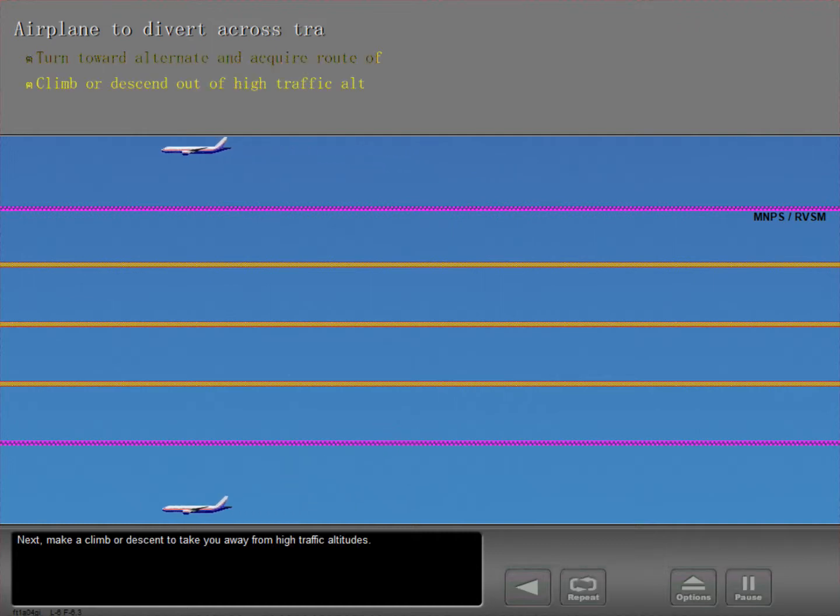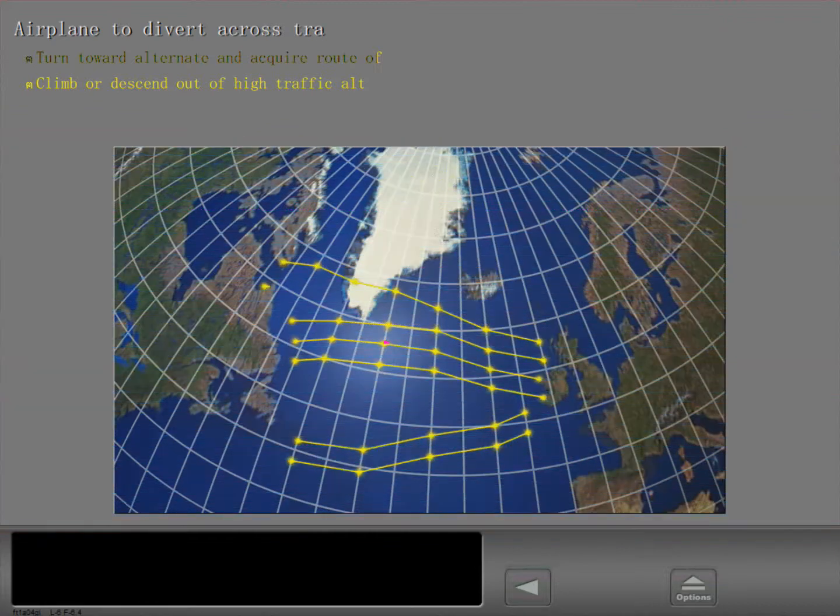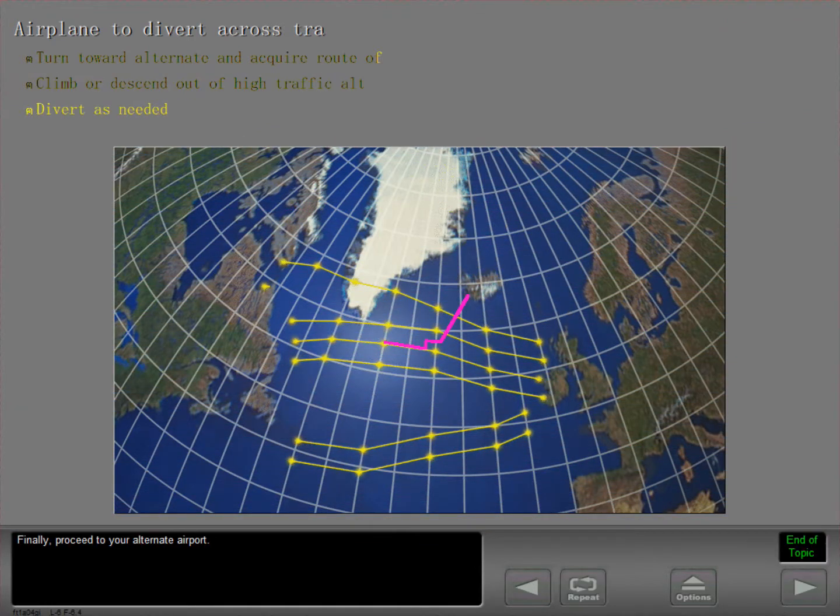Next, make a climb or descent to take you away from high traffic altitudes. Finally, proceed to your alternate airport.